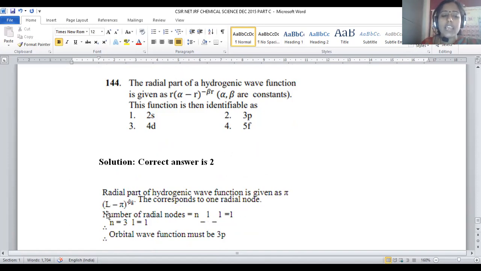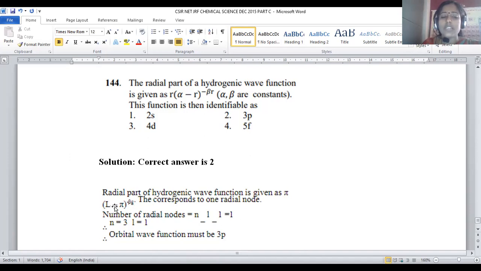This denotes that one radial node is present. So what is the formula to predict the radial node? The radial node formula is n minus l minus 1. N denotes the principal quantum number, l denotes the azimuthal quantum number, and 1 is the integer value. n minus l minus 1 is equal to the number of radial nodes.